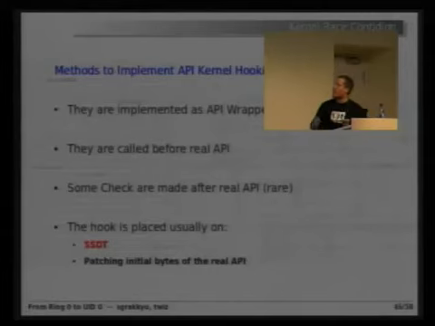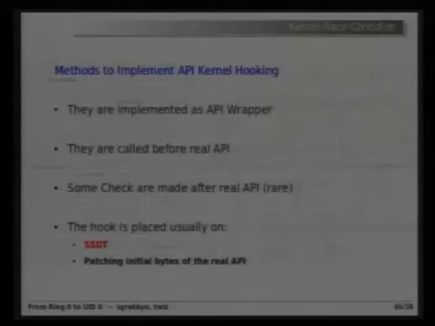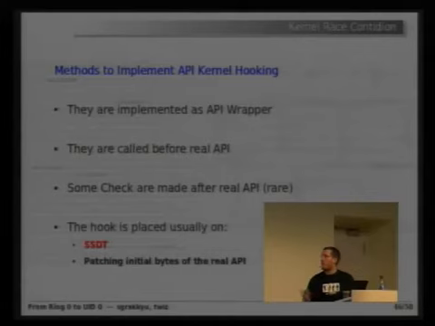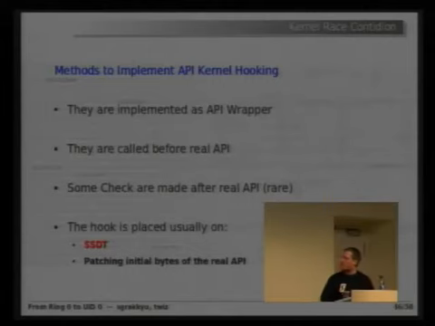How are they implemented? They are implemented as an API wrapper. They are called before the real API. There is some check before, and some products also make a check after the call of the original API. Where is the hook placed? Mainly in the system service descriptor table, or by patching the initial bytes of the API, like some malware.